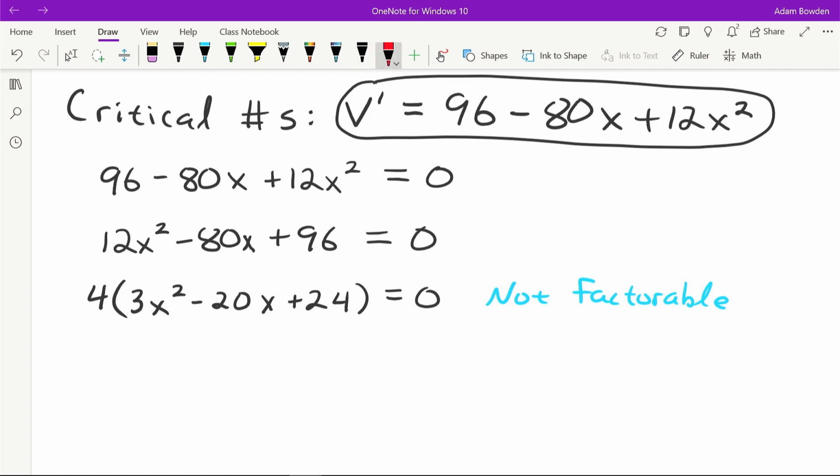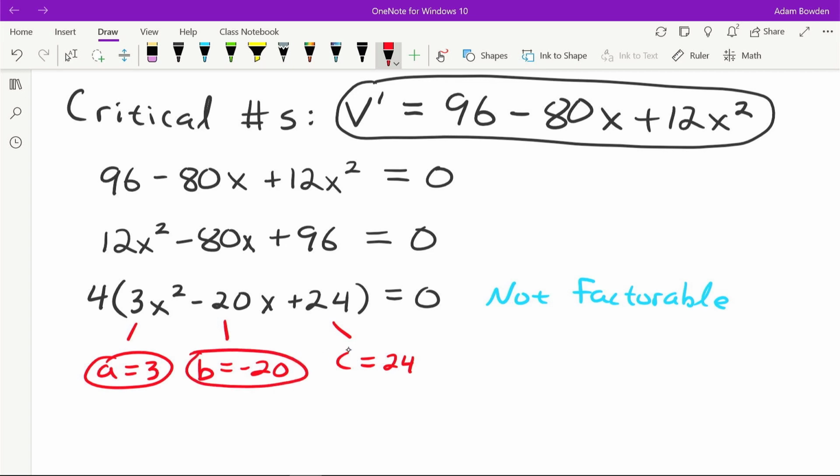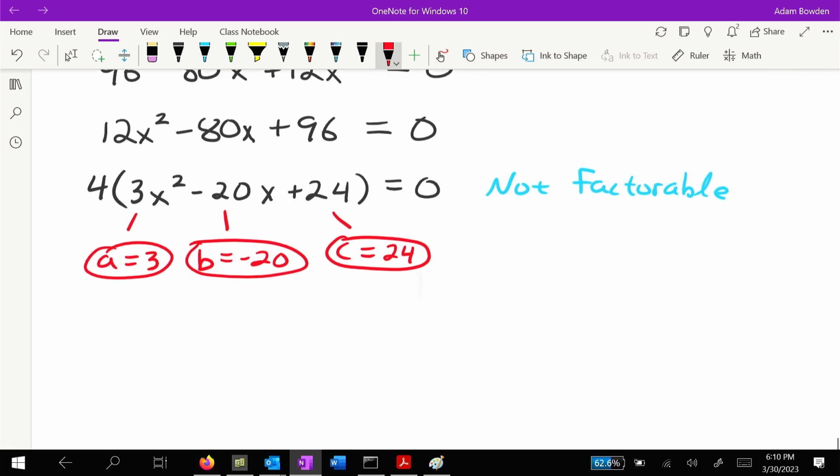So our only option is to take our numbers for A, B, and C and plug them in like we're solving using the quadratic formula. The 4 in front has no meaning at this point, just the numbers left over in the parentheses. We'll call those A, B, and C.